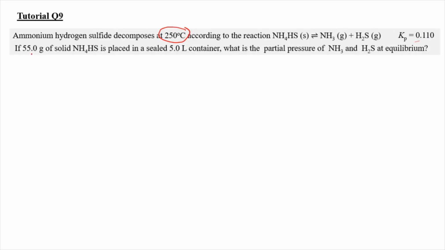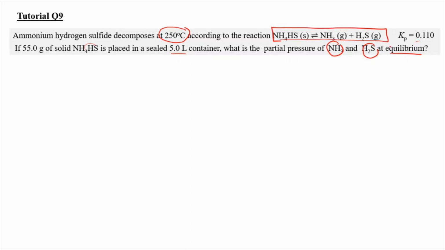So if 55.0 gram of solid NH4HS, which is the ammonium hydrogen sulfide, is placed inside a sealed container of 5.0 liter, we need to find the partial pressure of NH3 and H2S at equilibrium. Okay, so this is a decomposition reaction, and this follows the reaction as shown here.